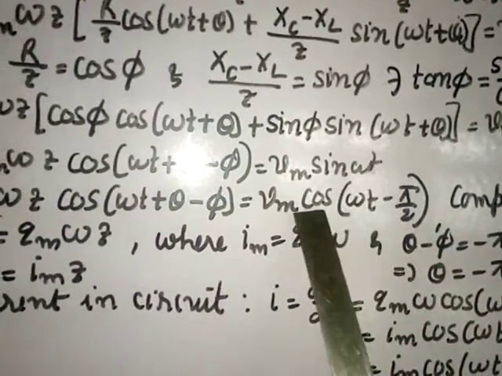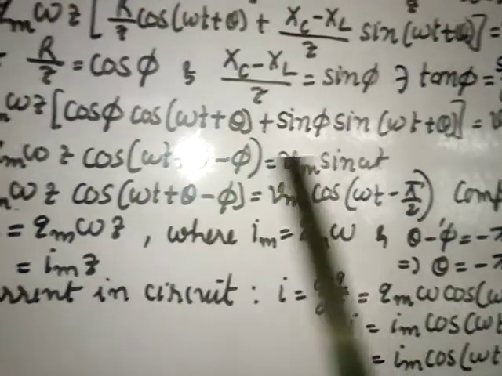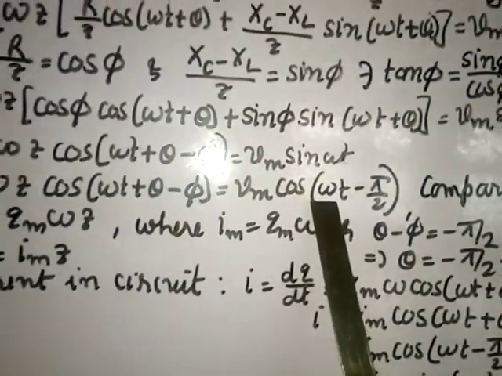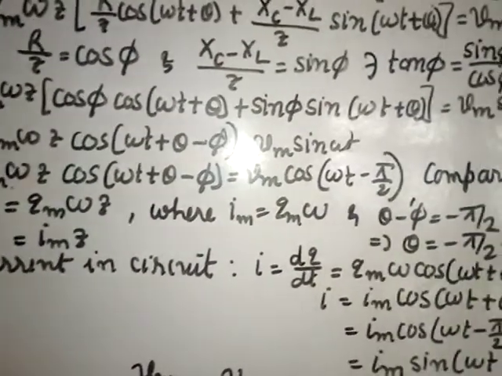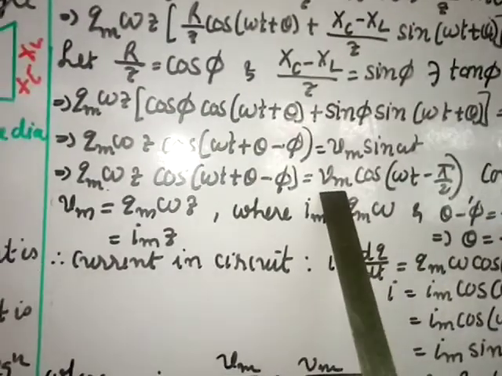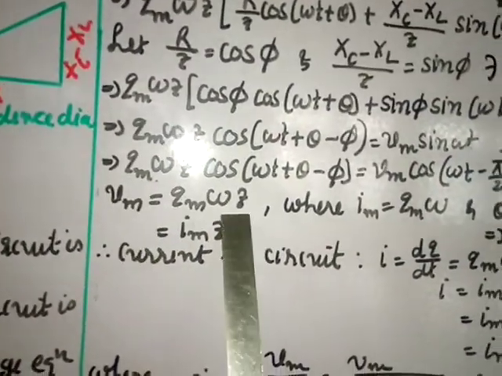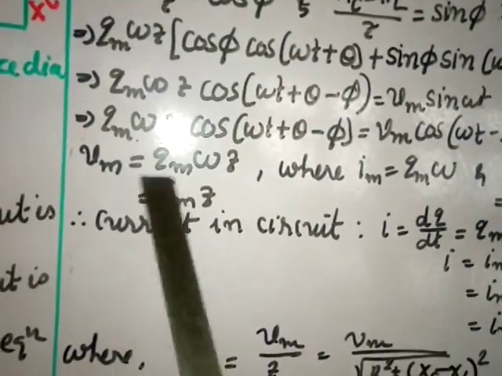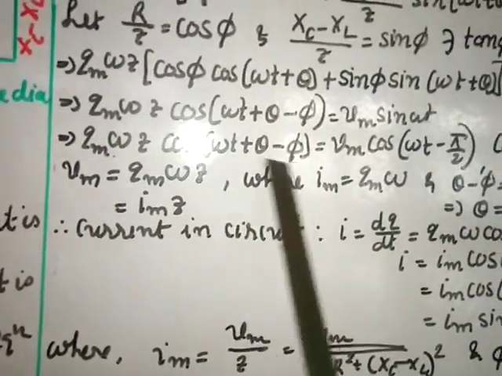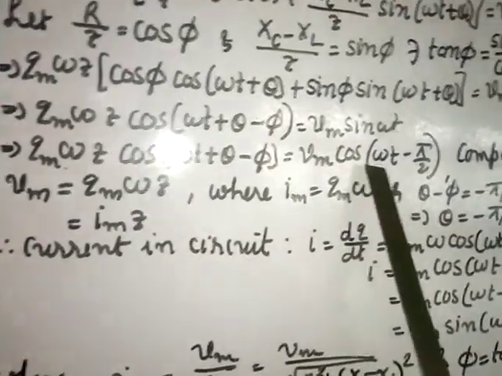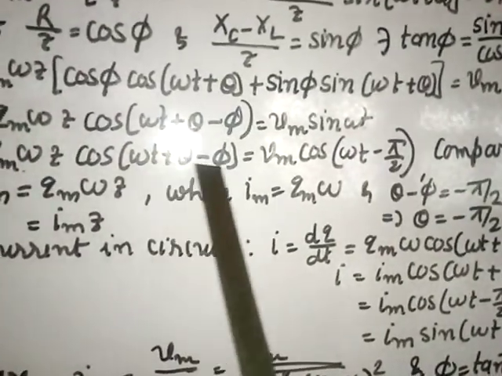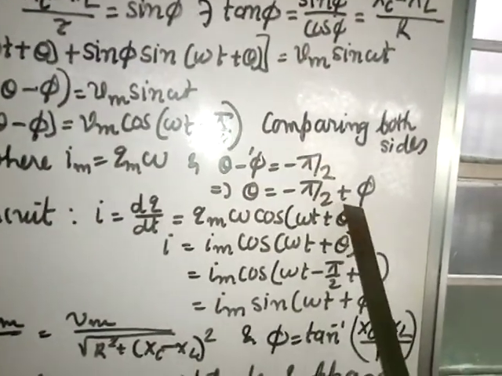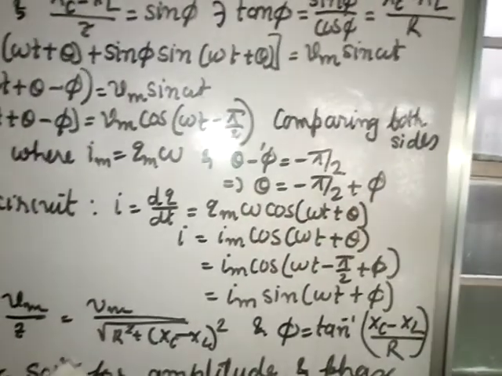Omega t is positive here, so I am keeping it positive. Now we can easily compare both sides. What will Vm be? Qm omega Z, but Z is impedance, analogous to resistance, so Qm omega can be taken as Im, giving Vm equal to Im into Z. Comparing omega t plus theta minus phi with omega t minus pi by 2, omega t is the same, so we compare only theta minus phi equal to minus pi by 2. Transferring minus phi across becomes plus phi, so theta is equal to minus pi by 2 plus phi.